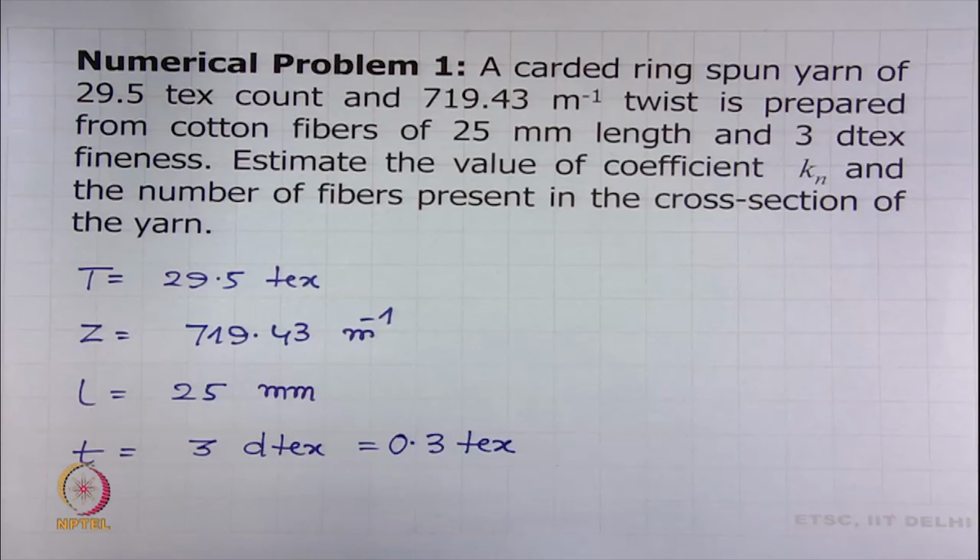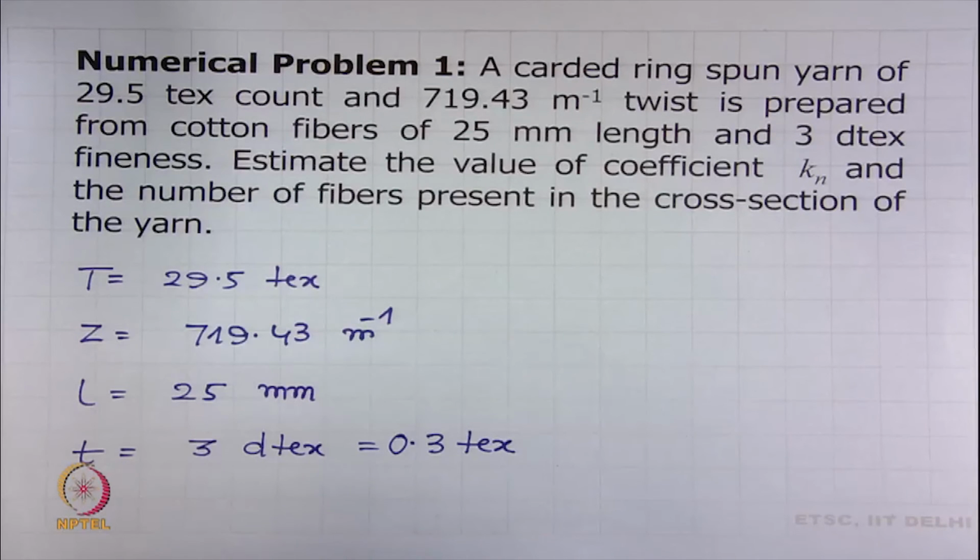Estimate the value of coefficient Kn and the number of fibers present in the cross section of the yarn. This you have to solve. How will you solve this problem?